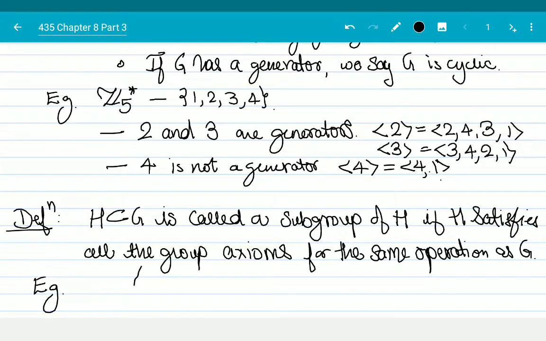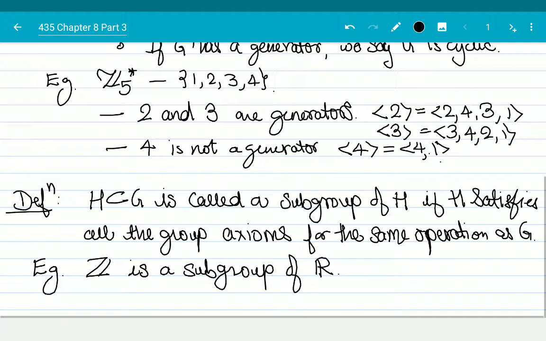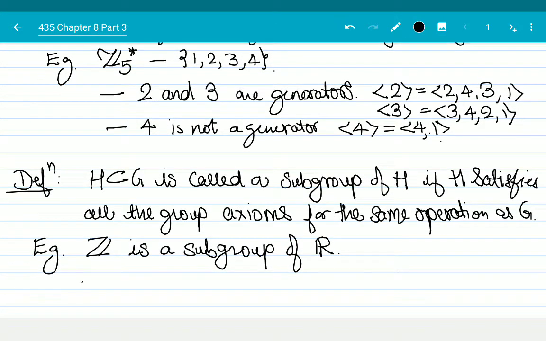Okay, so for example, the integers is a subgroup of R. Because what are the four conditions?